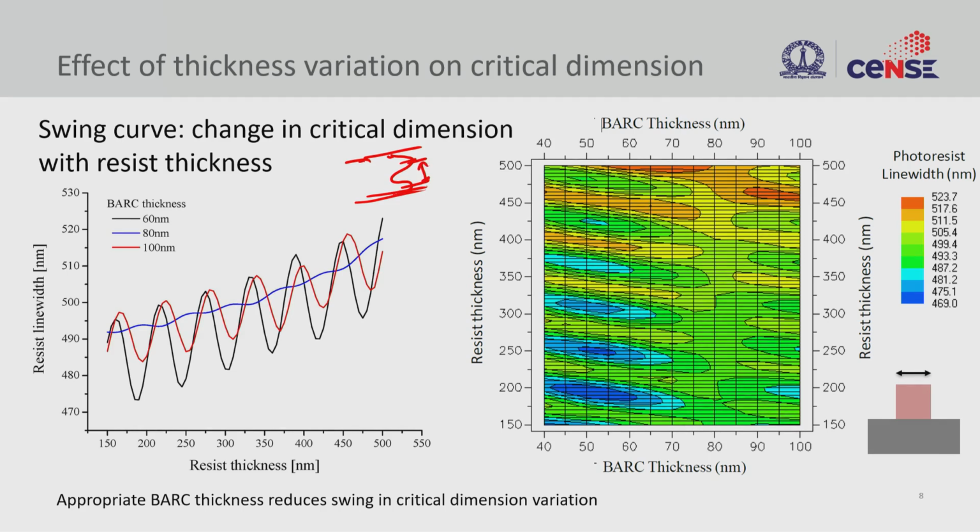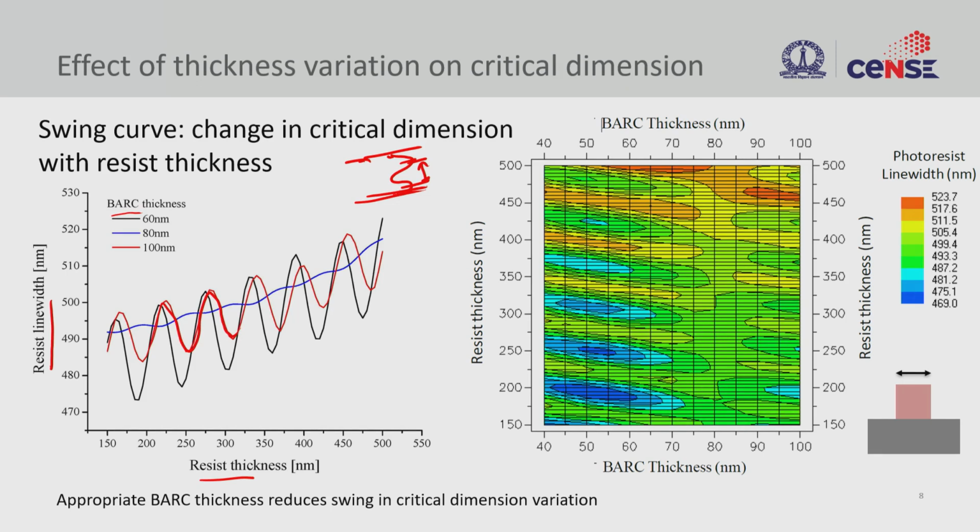And this change in the standing wave pattern will result in varying critical dimension with respect to thickness. You can see here when the thickness increases, there is no monotonous increase in resist line width, right. So for various BARC thicknesses, you see there is a swing, right.